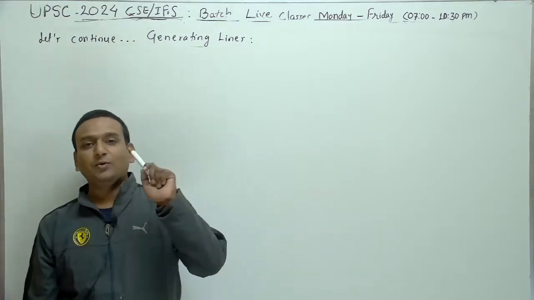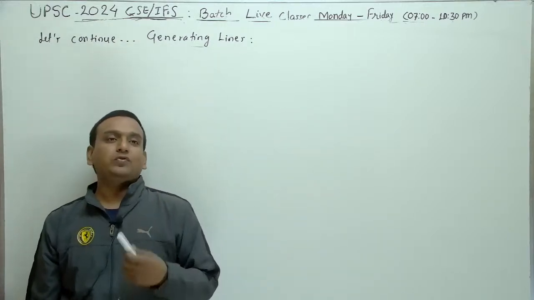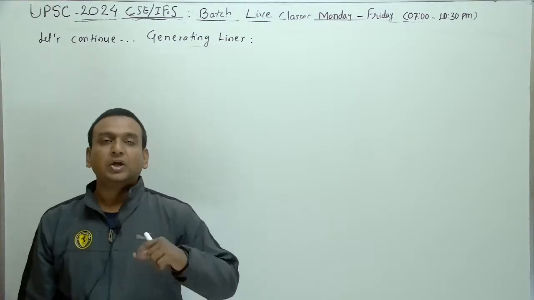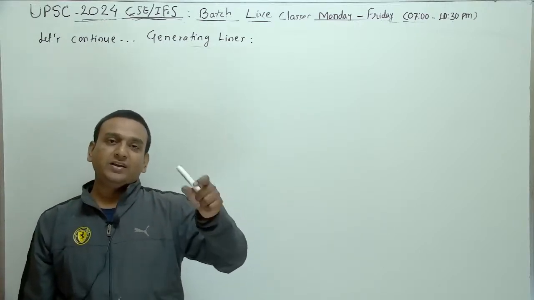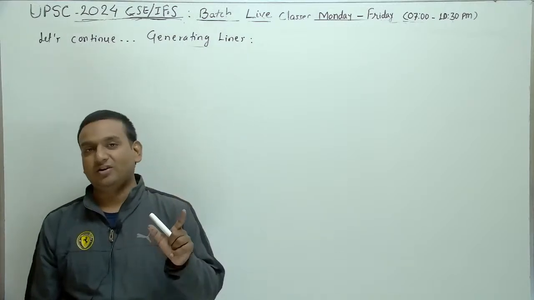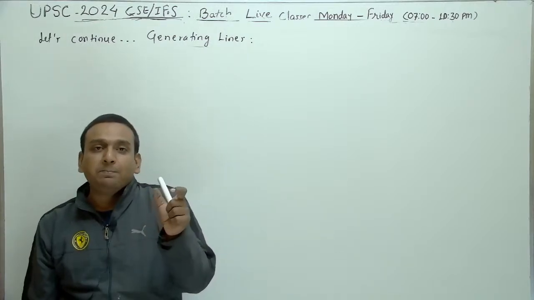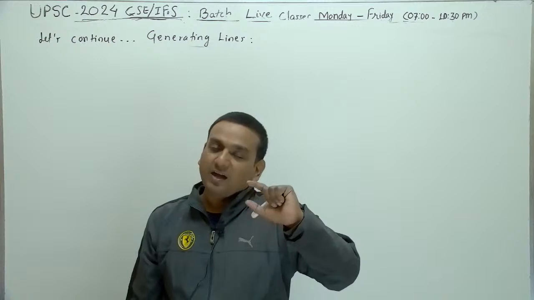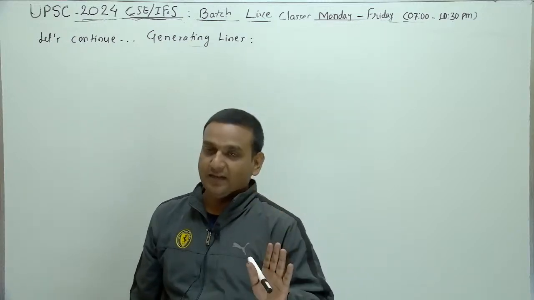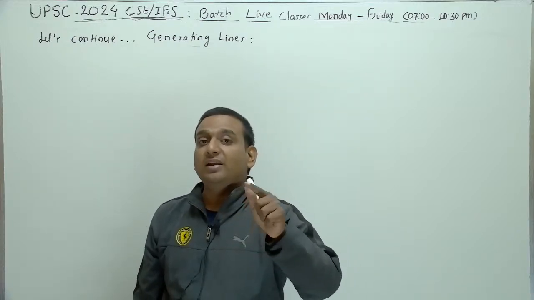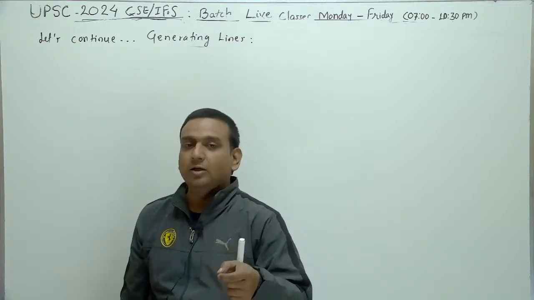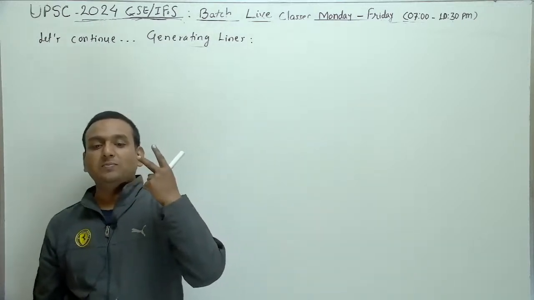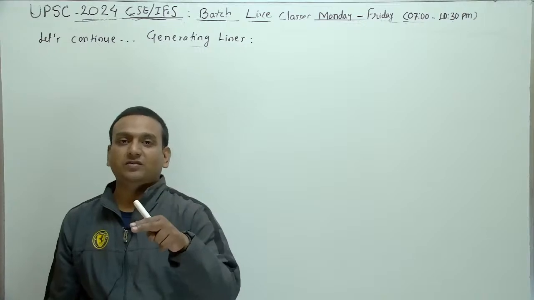So what I'm gonna do now, I will take few selected examples to make you feel by the definition how we can write the generating lines, by the management of factors, and how the question related with the principal elliptic section can be tackled. So these two types of problems has been asked in your CSE and forest services.